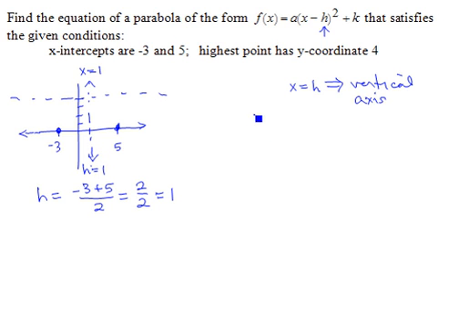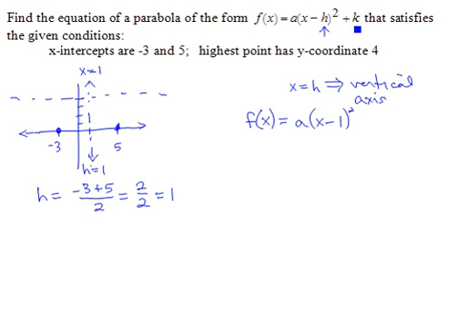So, we know a little bit more about f. f of x is equal to a times (x minus 1), h is now known to be 1, squared plus k. Let's see if we can learn what k is. If you think about the standard parabola y equals x squared, this leftward or rightward shift, in terms of whether h is negative or positive, will move us along the x-axis. a will flip and/or stretch the graph, and k will shift it up and down.